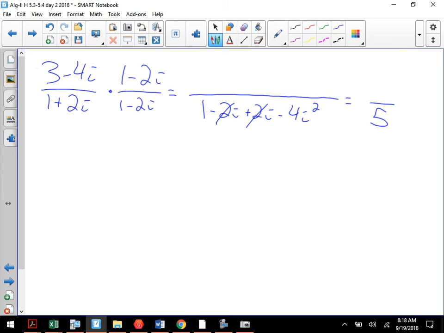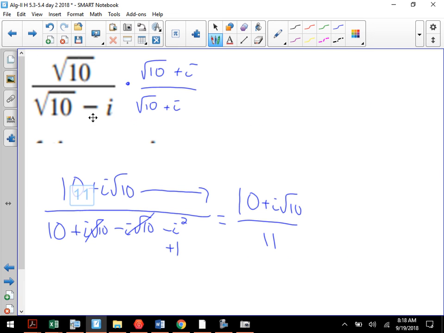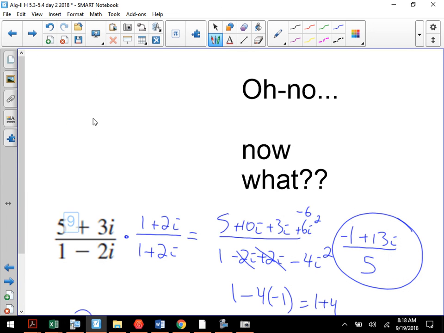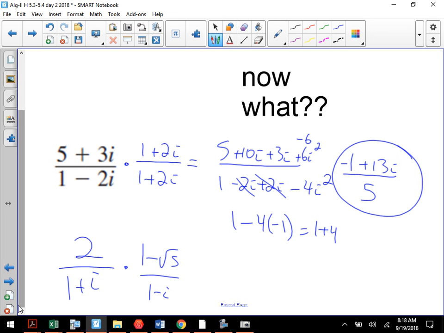What's 2 squared? What's 1 plus 4? What's the square root of 10 squared? What's the coefficient here? What's 1 squared? What's 10 plus 1? What's 1 squared? What's 2 squared? What's 1 plus 4? Plus the second 1 squared.